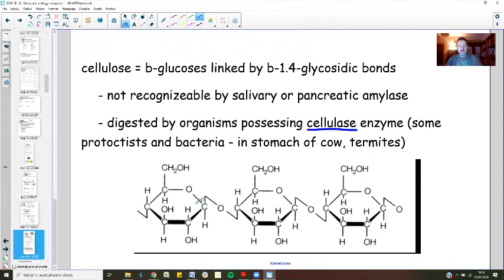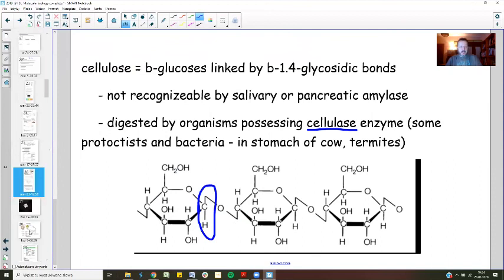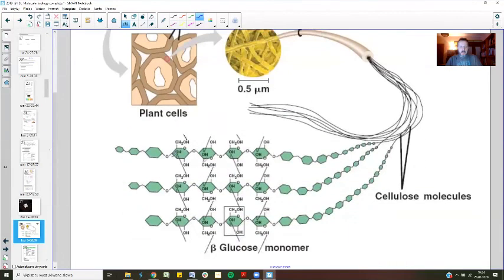Because of its difference in monomer, because of beta glucose, the shape of a link is different, and in reality, it forms very straight fibers of beta glucoses. You can see them here.